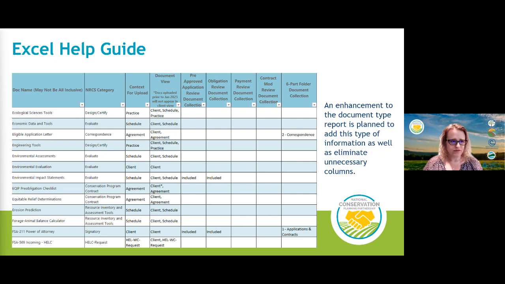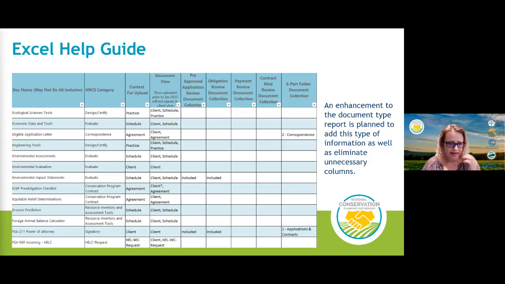For example, the power of attorney is included in the pre-approved application review, the obligation review, as well as the 6-part folder document collection on the application and contract tab. So hopefully that'll be helpful.